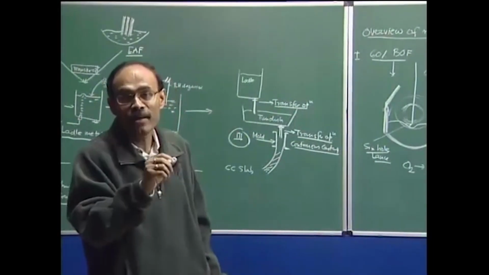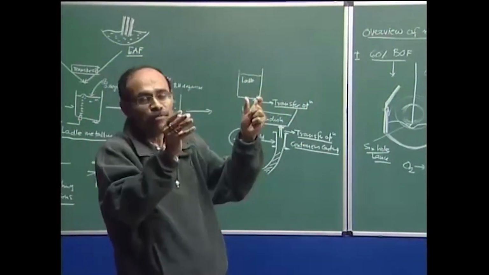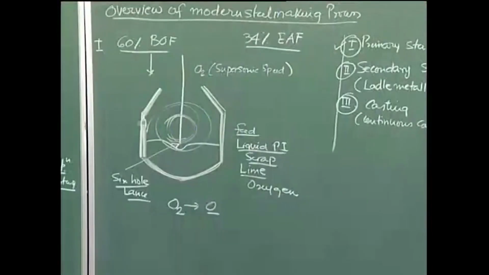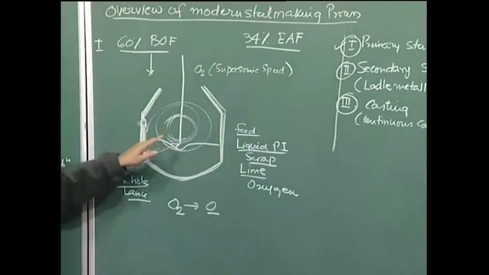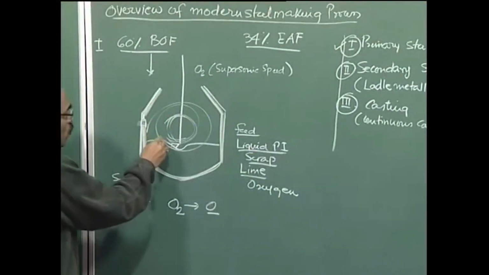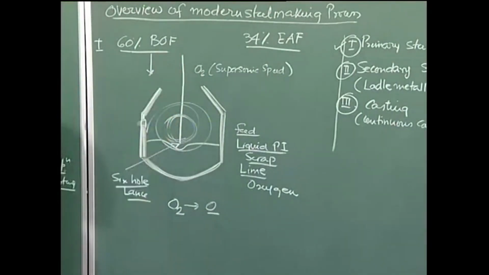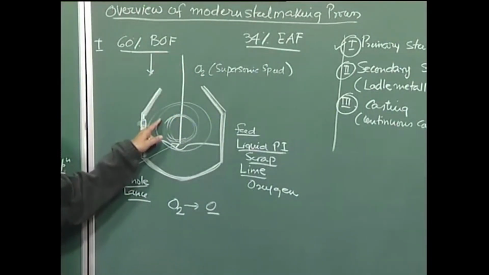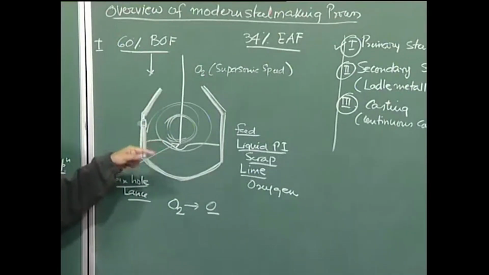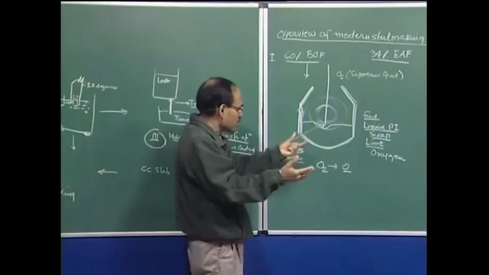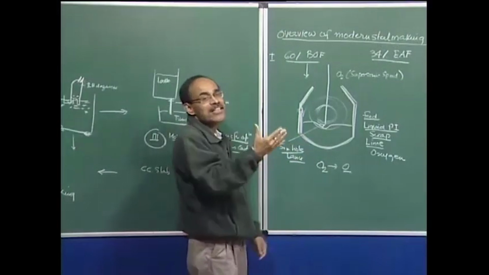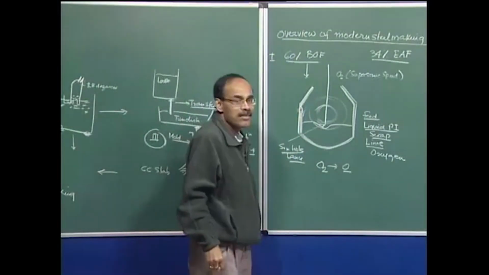They are all in the metal. If you can create larger surface area, you will have a better possibility to expedite the chemical reaction. So, when you inject oxygen at a supersonic speed, you create a large number of droplets, and those droplets produce larger surface area. So, the decarburization and dephosphorization rates are very, very high.